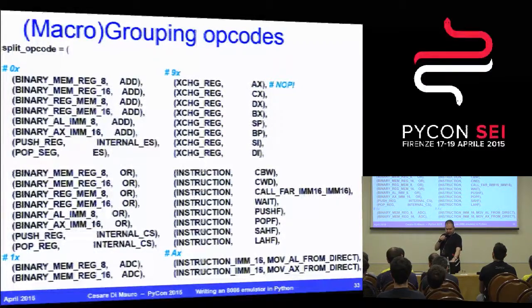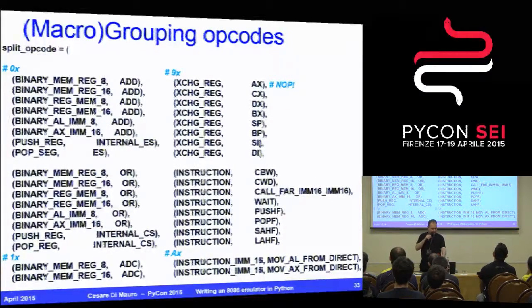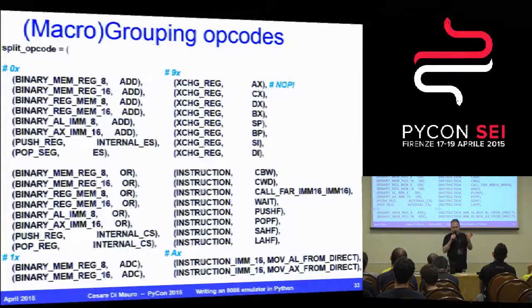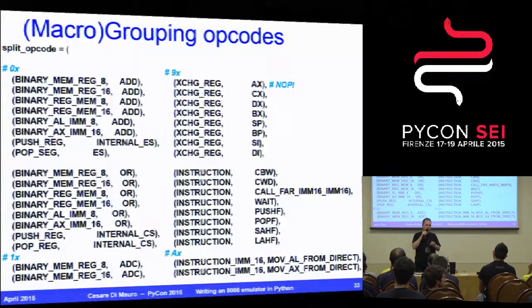And we have exactly the same for the OR operation and for the ADC operation and so on. We can also take a look on the right side, because for the exchange instructions there's a similar pattern. We have to exchange registers, and we only need to know which registers to exchange. So that's why I decided to split and group the instructions together.